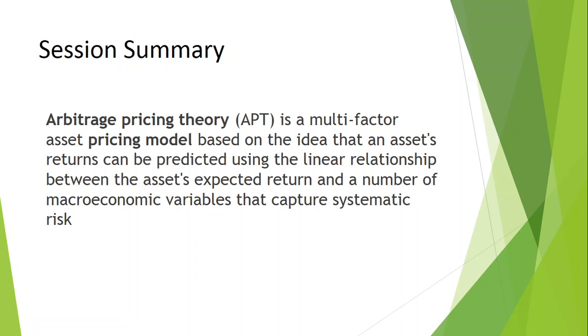Let us understand the assumptions one more time. Arbitrage pricing theory is based upon certain assumptions. If these assumptions are found valid, then the findings and the logic of the model are applicable. The investors are risk averse and utility maximizers.